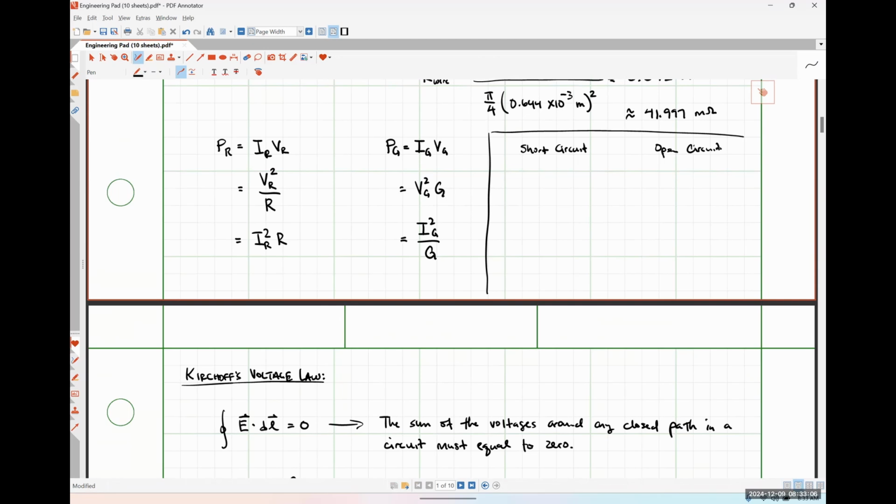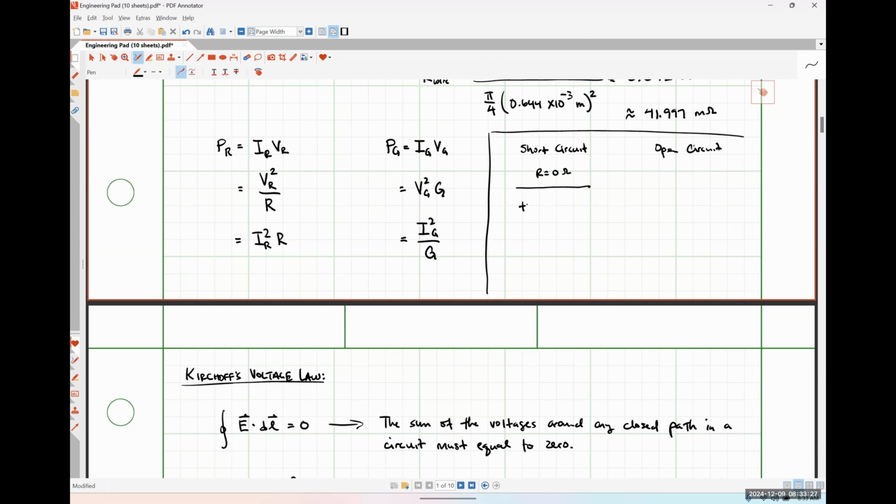My apologies for forgetting to do this. So if I wanted to represent a short circuit in a circuit, that would literally just be a section of wire. Now we know for this class that a section of wire has a resistance of 0 ohms.